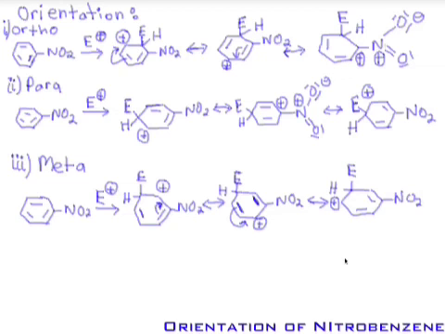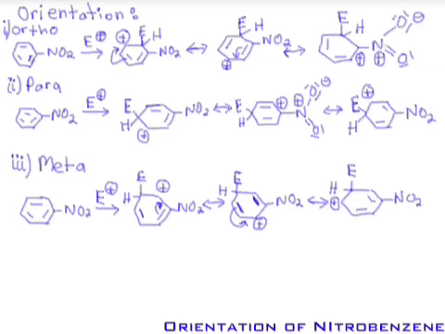Now we've drawn all the resonance contributors for the ortho, para, and meta attack. We've considered each site of attack individually. The resonance stabilized substituted benzenonium ions, in this case, there's 3 each. There's no increase in number. Initially, they look all the same.